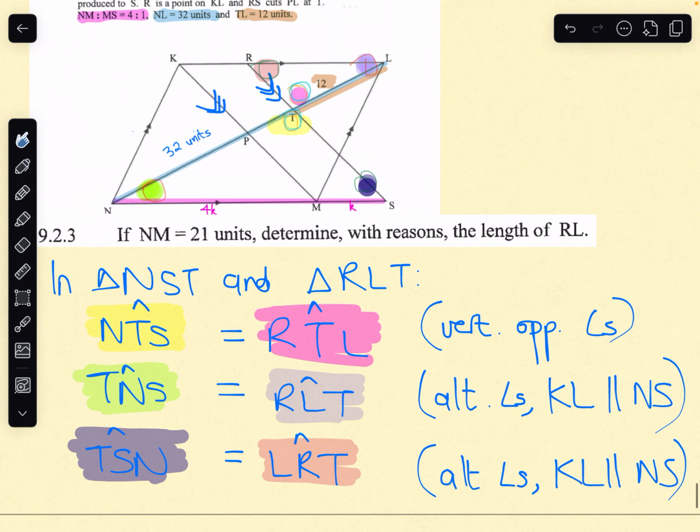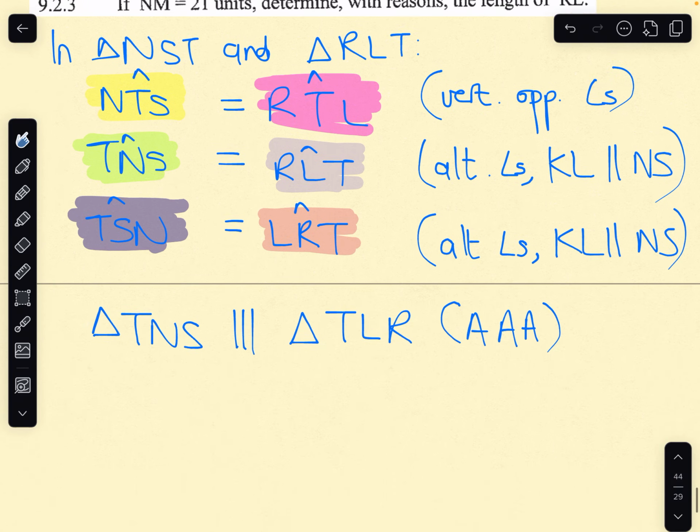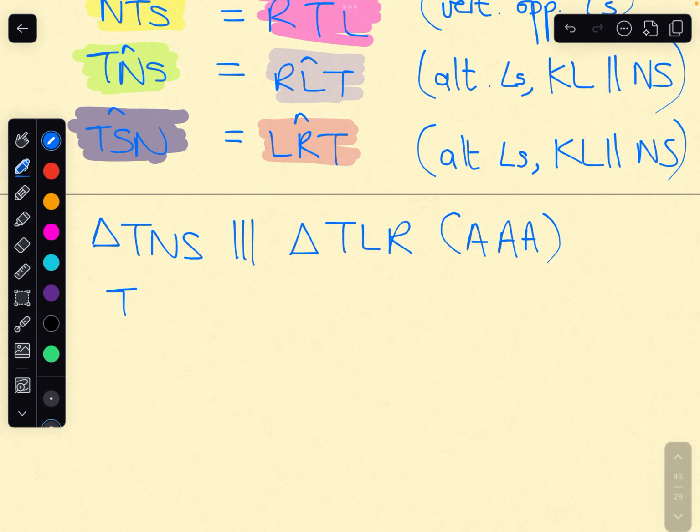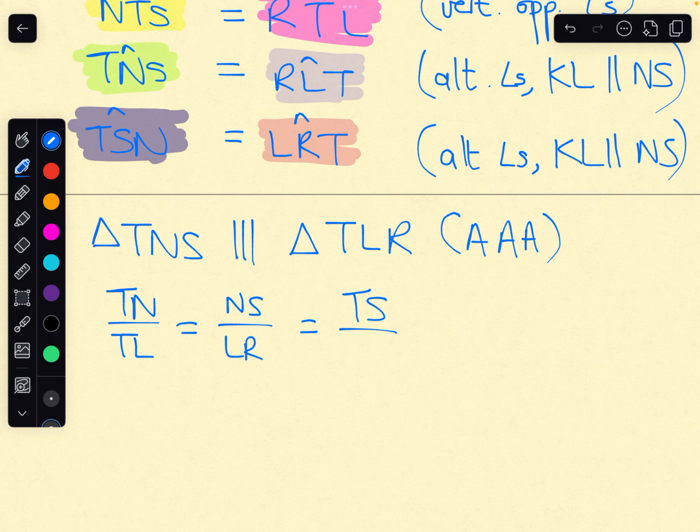So now we can set up our proportion statement, and that tells us TN over TL is equal to NS over LR, and then TS over TR. Keeping the order for the sake of pettiness. And that's because of the similarity we just proved.